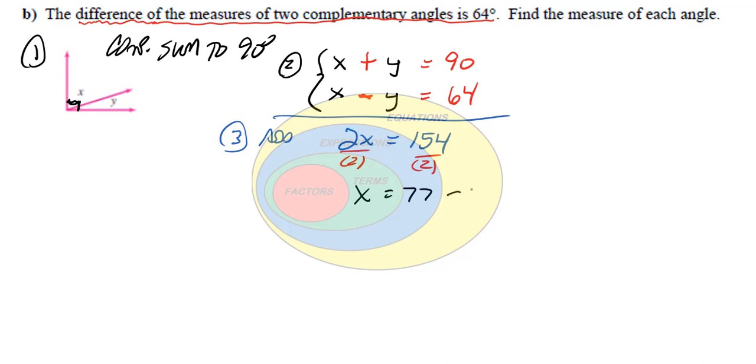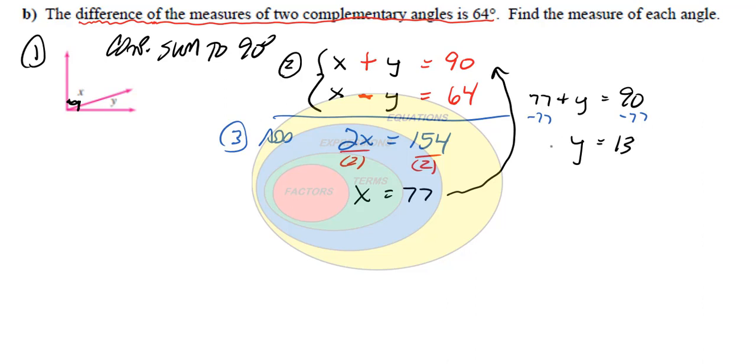So if we take that and back substitute, we substitute in x is 77, and then we add y to get 90. If I subtract 77 from both sides, I get y equals 13.